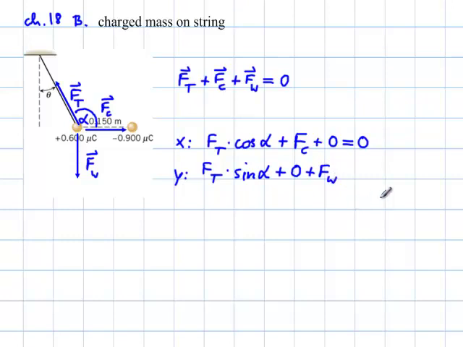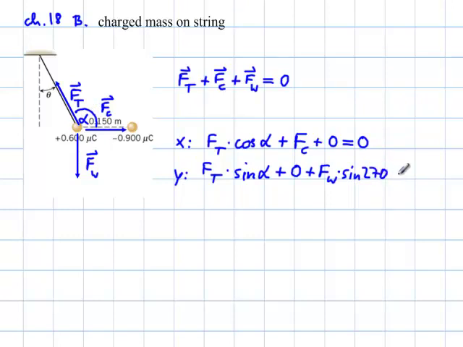And in the vertical, it's the weight, that is m times g, times the sine of, and look at this one here, 270 degrees, right? Measured from the positive horizontal, it's 270 degrees. That's why we're getting a negative in there.